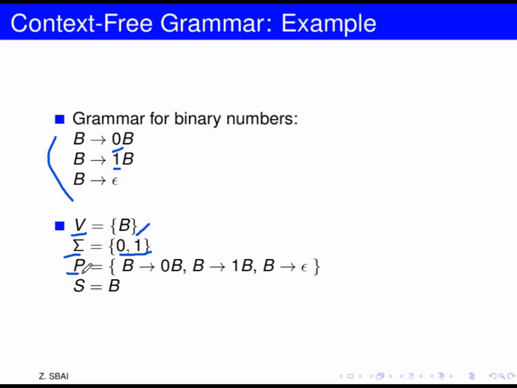And the set of productions is the three productions B arrow 0B, B arrow 1B, and B arrow epsilon. The start symbol here is B. We have only one variable, and it's also the start symbol.